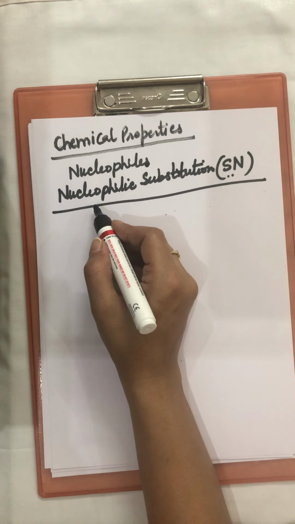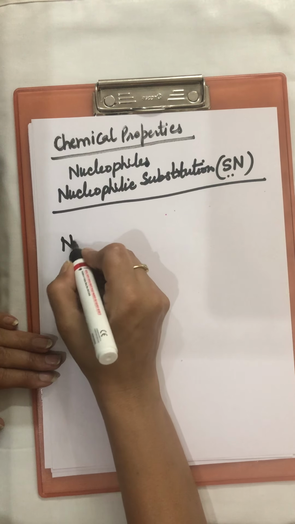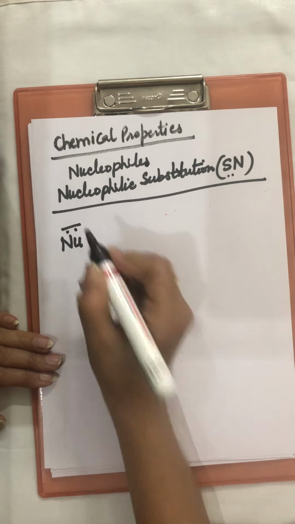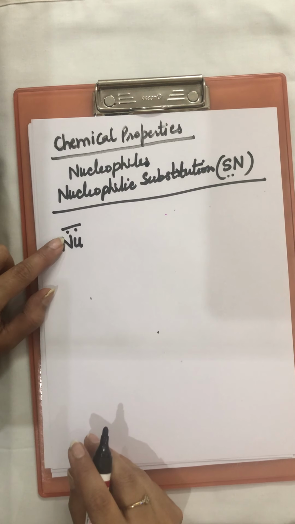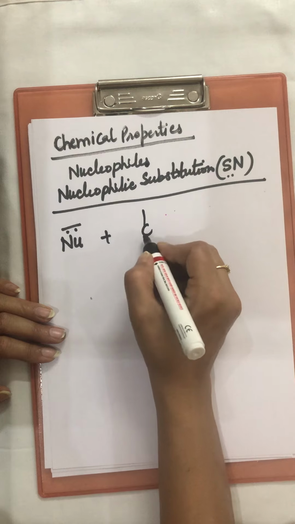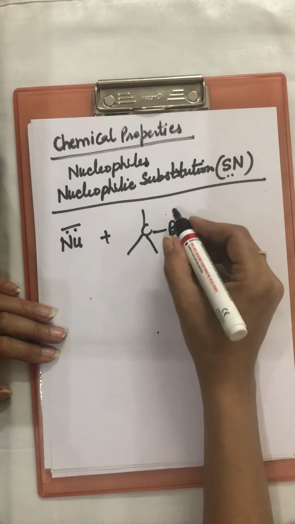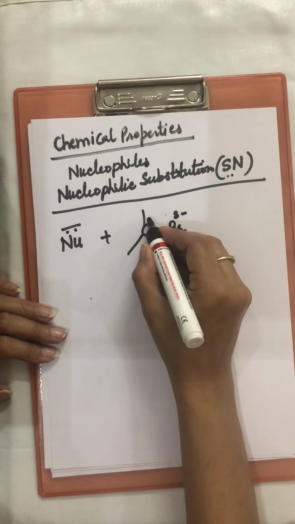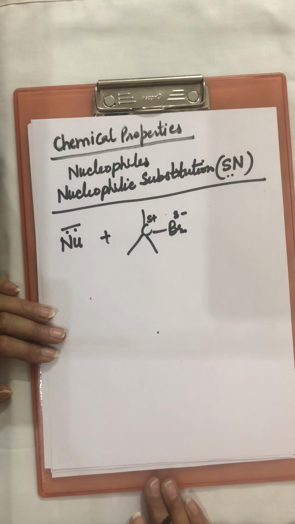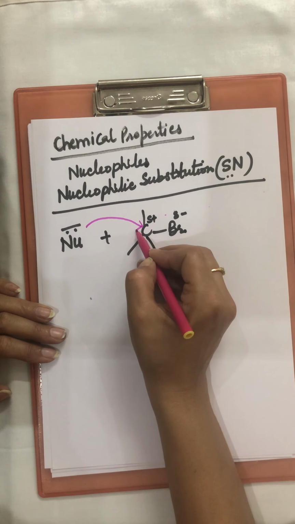Nucleophile is a species which is rich in electrons. So if we are using this symbol to represent nucleophile, this is to show that it has electrons. And if we take haloalkane like this, we know halogen has partial negative charge and carbon has partial positive charge. So nucleophile will attack electron deficient carbon.